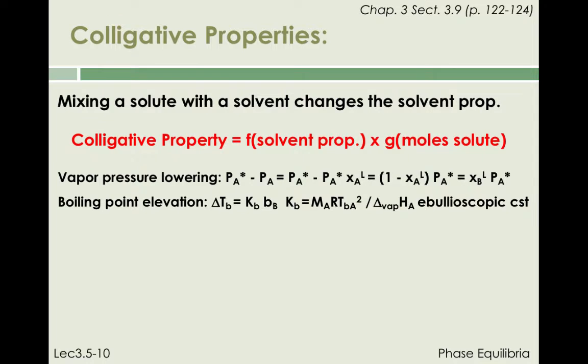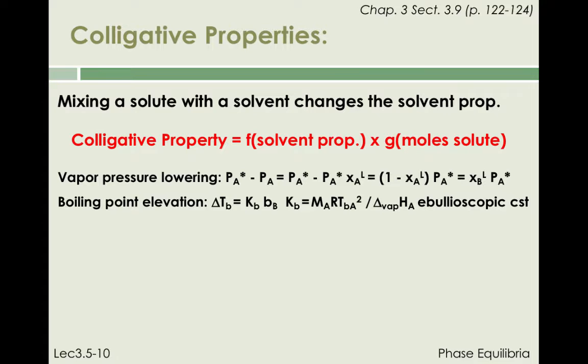Another example of colligative properties is the boiling point elevation, delta TB, which we define as the boiling point of the solvent in solution, TBA, minus the boiling point of the pure solvent, TBA star. While the derivation is not shown here, it results in delta TB equals KB times B sub B, where KB is called the ebullioscopic constant for the solvent, and B sub B is the molality of the solute.